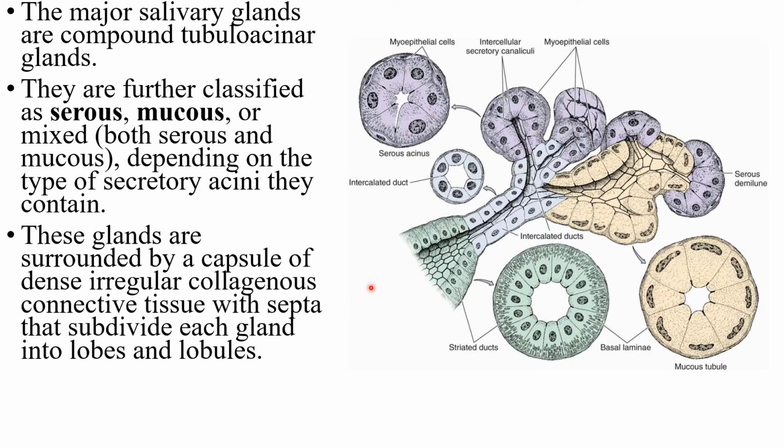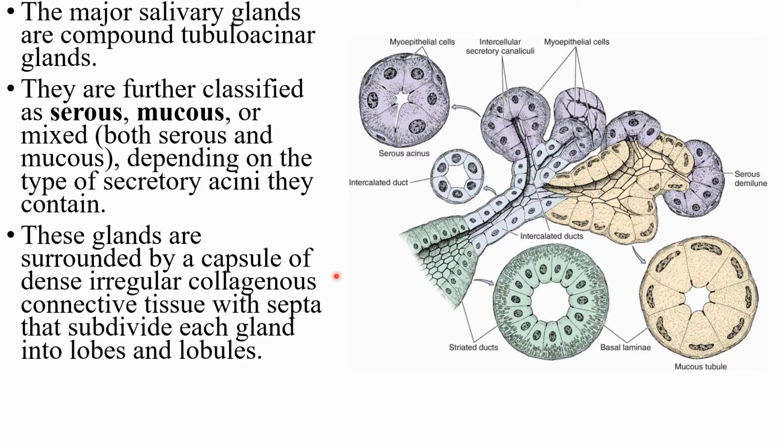Anatomically, the salivary glands are composed of several tubuloacinar glands. These tubuloacinar glands are further classified as serous glands, mucous glands, or both. That means serous glands, mucous glands or mixed glands.